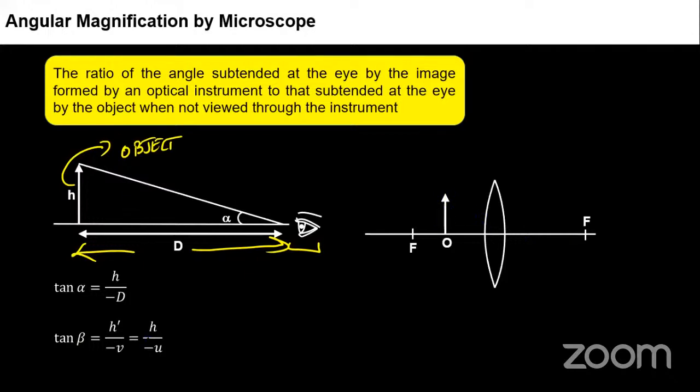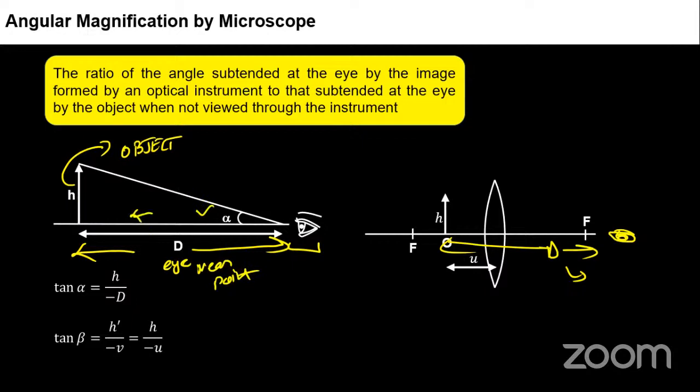This is the object tip and your eye is here. The distance of the object from you is this, which you'll call the near point. Then tan alpha will be h upon minus d.